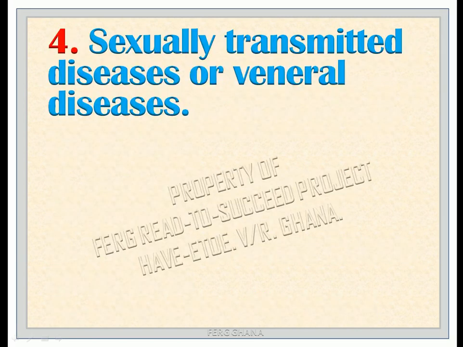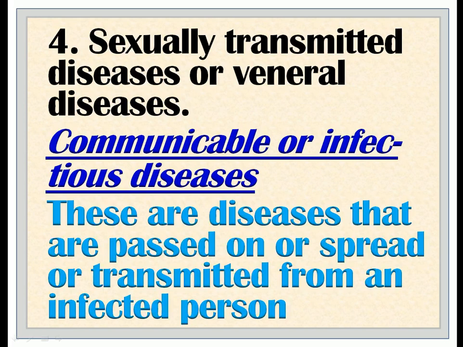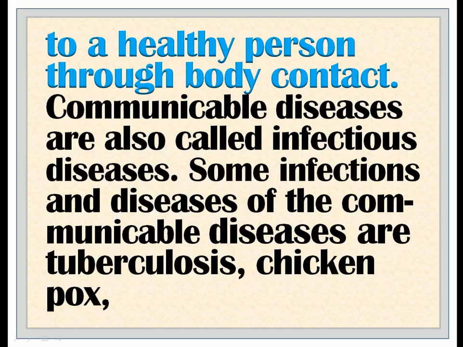Airborne diseases. 4. Sexually transmitted diseases or venereal diseases. Communicable diseases are diseases that are passed on, or spread or transmitted from an infected person to a healthy person, through body contact.